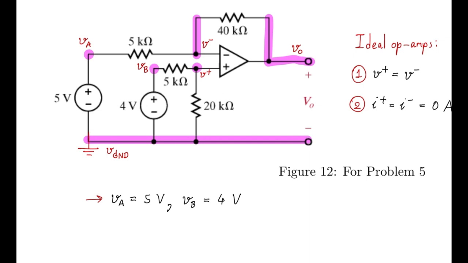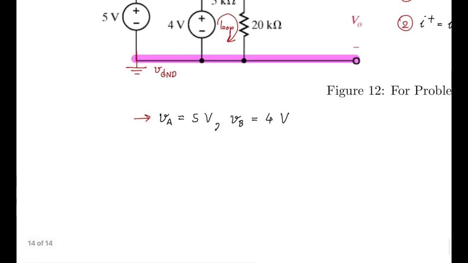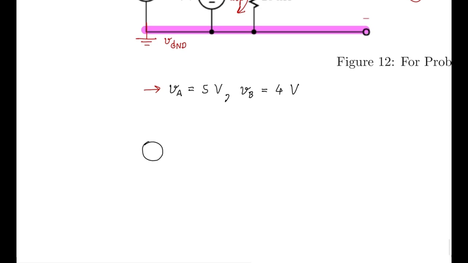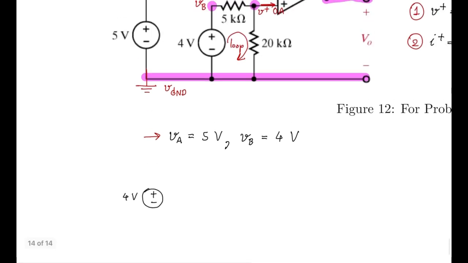Let's identify the voltage at V+. Since the current flowing into the terminals of an ideal operational amplifier is 0, the loop consisting of the 4-volt source, 5 kΩ resistor, and 20 kΩ resistor is isolated as a series circuit with a single voltage source.